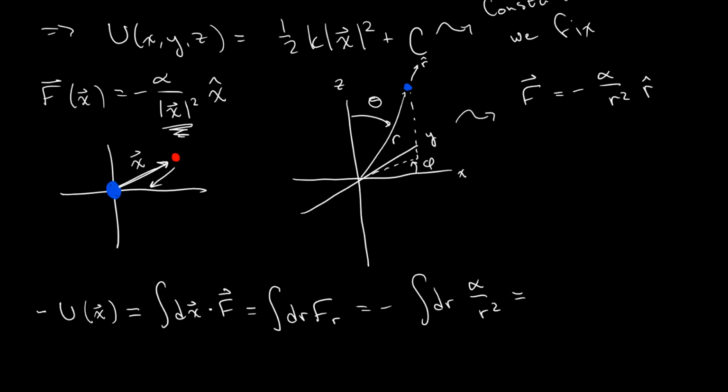When we take this integral, I get plus alpha over r, and I'll call this minus U naught.